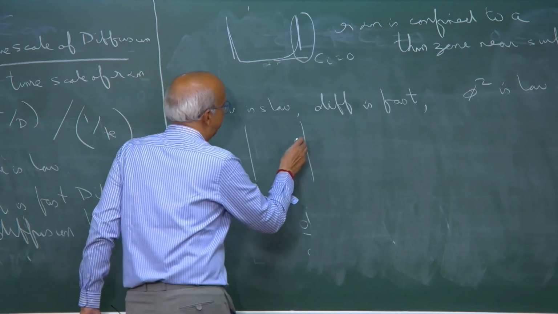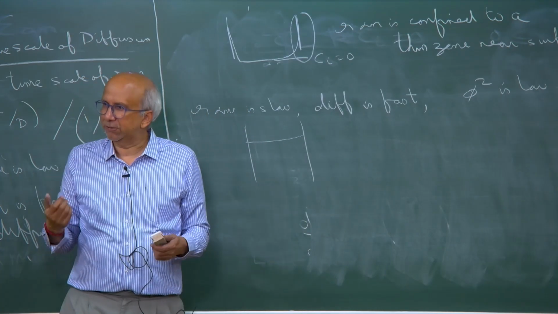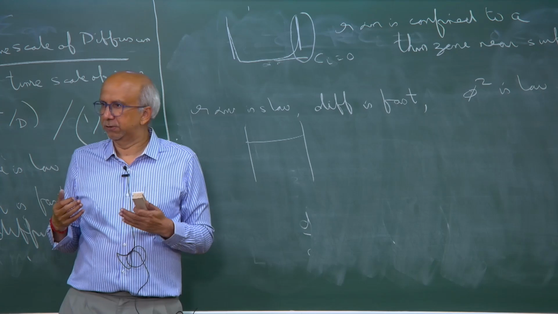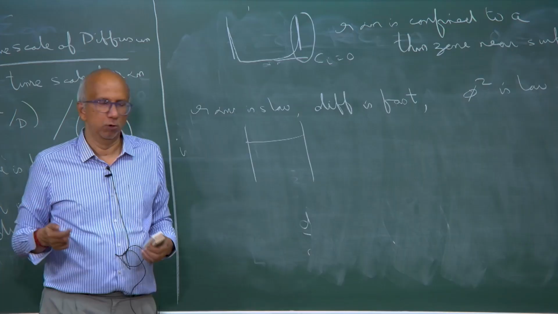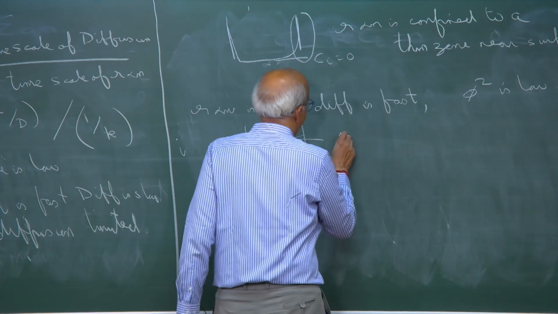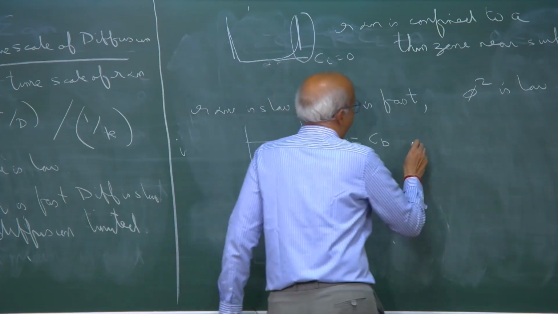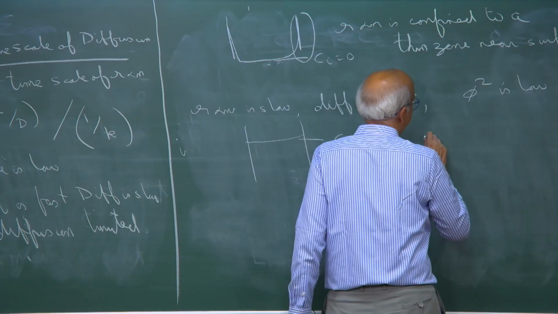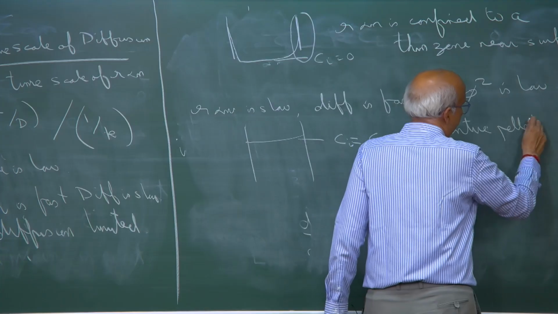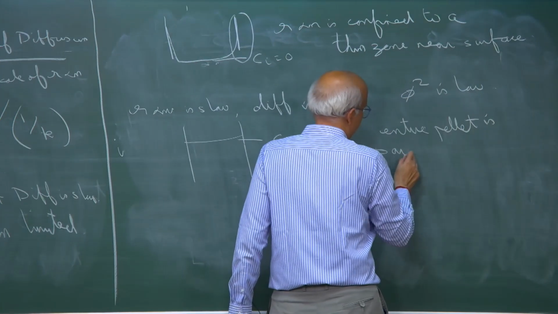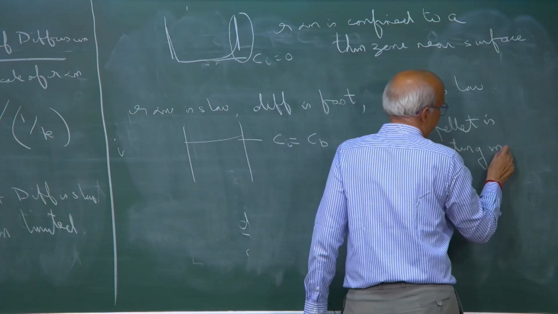So, for all practical purposes the concentration is going to be almost uniform, because it comes in and it very slowly reacts. By the time it reacts, it has gone into the pellet. Okay. The reaction is so slow. So, here the concentration is equal to Cb. Okay. And the entire pellet is participating in the reaction.